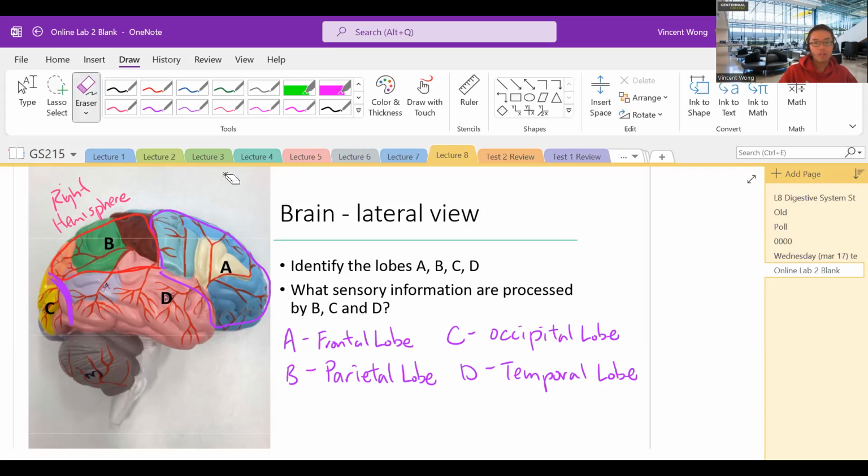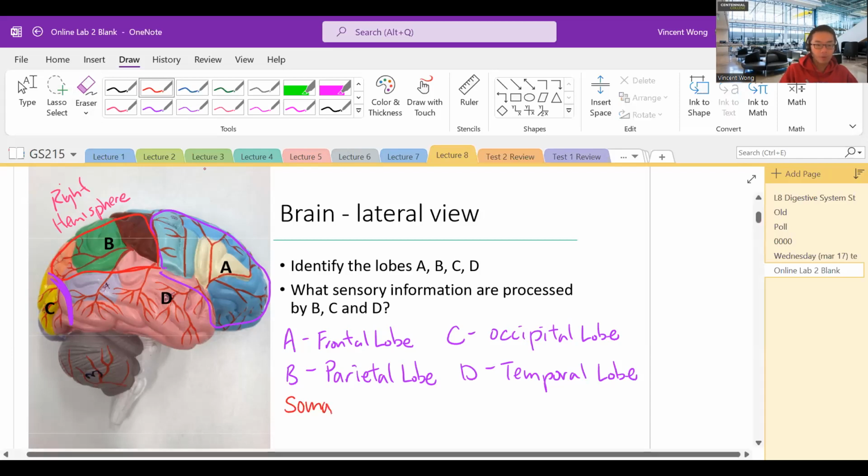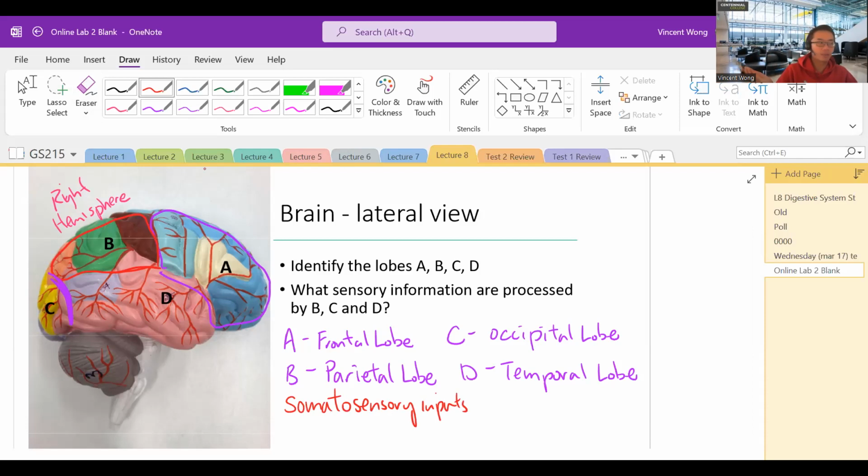What sensory information is processed by B, C, and D? For B, there is the somatosensory cortex, responsible for processing somatosensory inputs. If you forgot what that means, it's sensation, things that you can feel with your skin. So touch, texture, temperature, pain, all those things are somatosensory inputs.